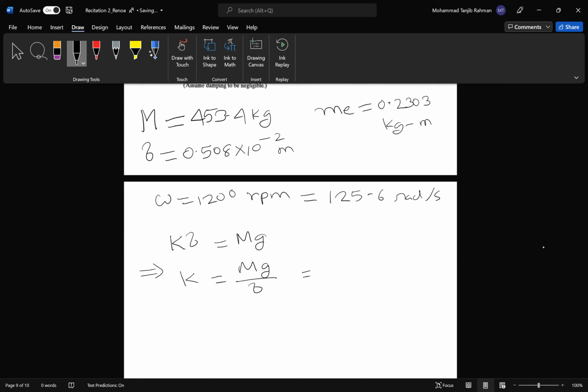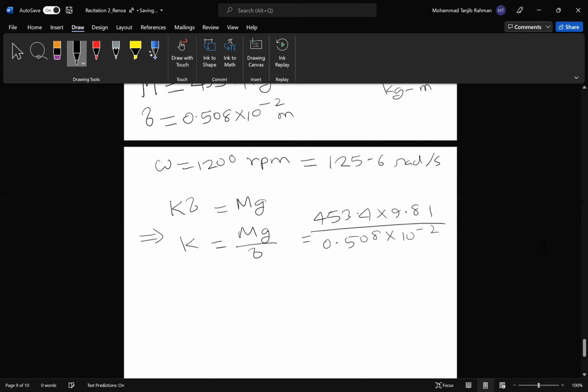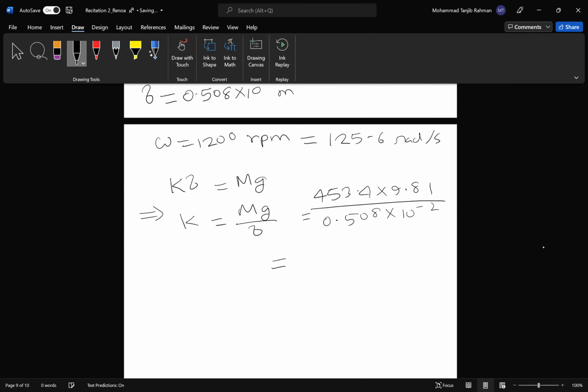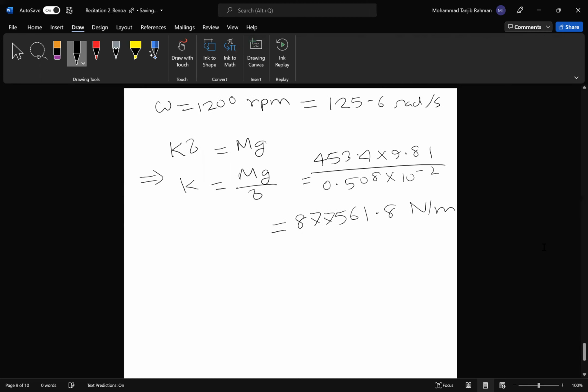So our mg is 453.4 times 9.81, and the deflection was 0.508 into 10 to the power minus 2. So from that we get our spring stiffness as 877561.8 Newton per meter.